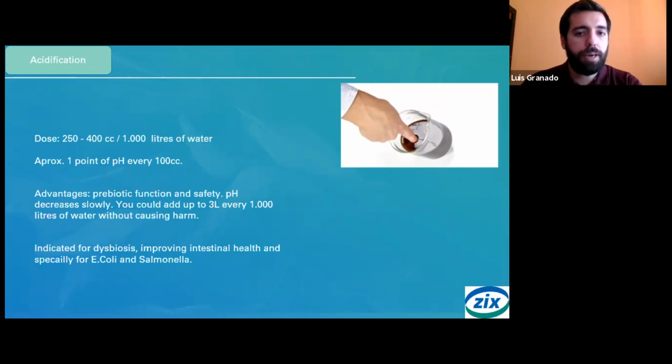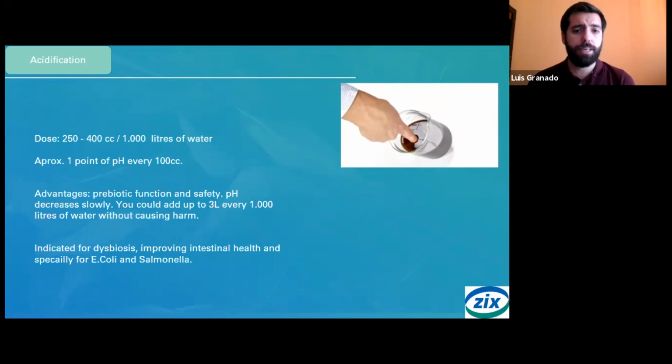Due to the different pKs, it is a very safe product. You can even put your finger in it, like in the picture, for a minute, and nothing will happen. Obviously, we would not be able to do so with the inorganic acid, right? That will cause a burning, the inorganic one.